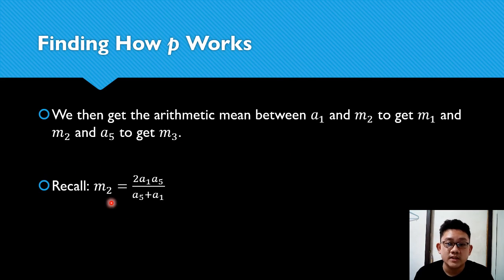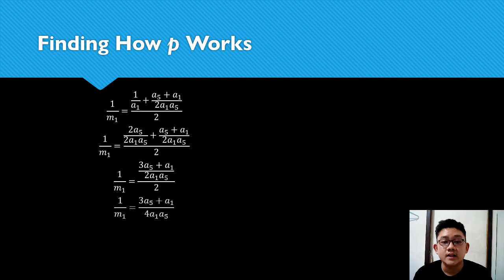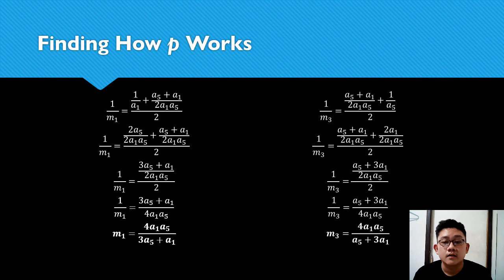Recall that m sub 2 is equal to 2 a sub 1 a sub 5 all over a sub 5 plus a sub 1. So there you have it. So m sub 1.